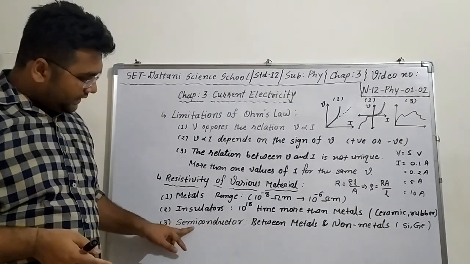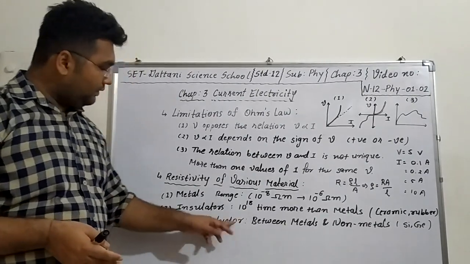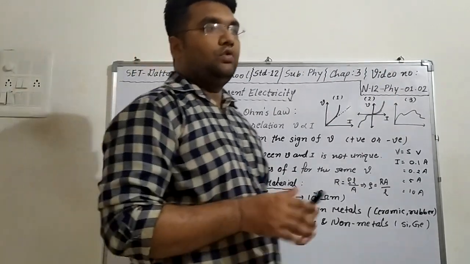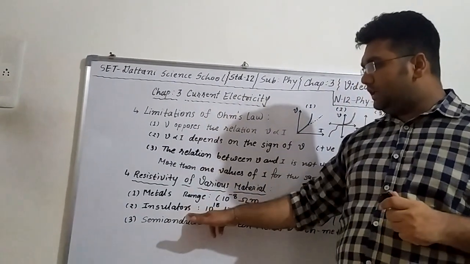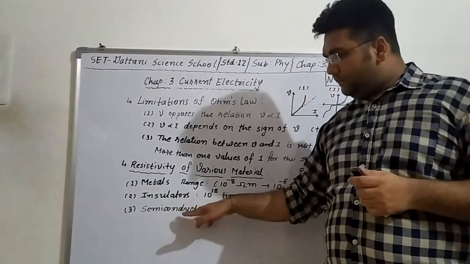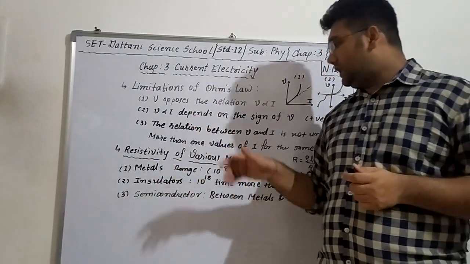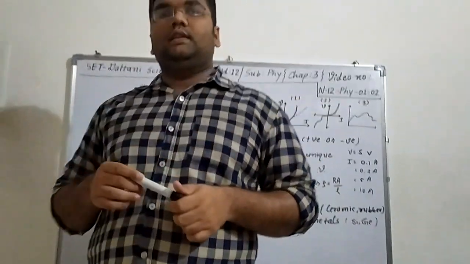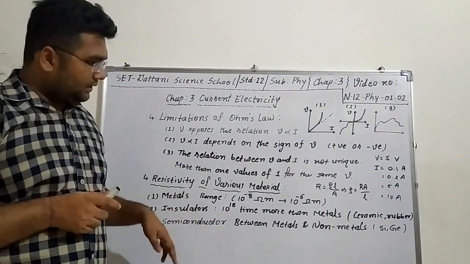Semiconductors have resistivity between metals and insulators. So the highest resistivity is of insulators, then semiconductors, and the lowest is of metals.